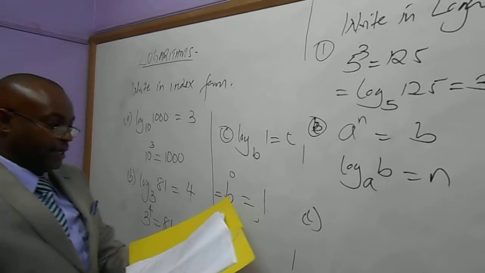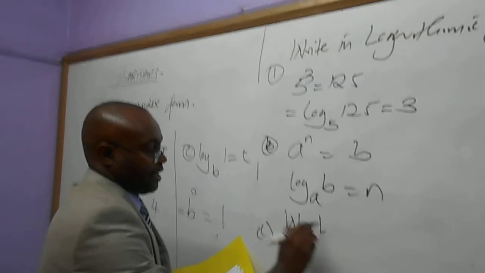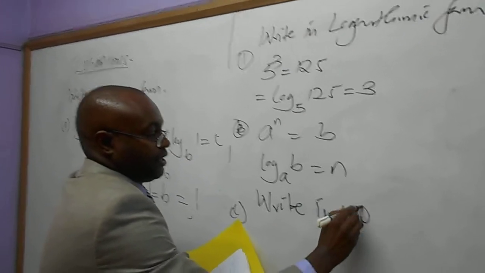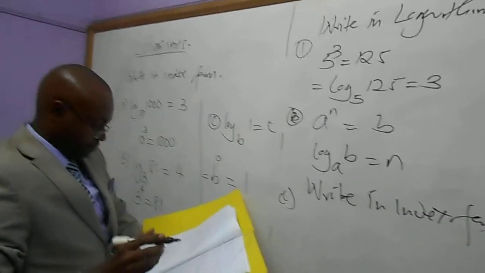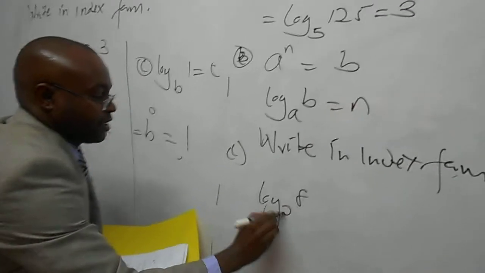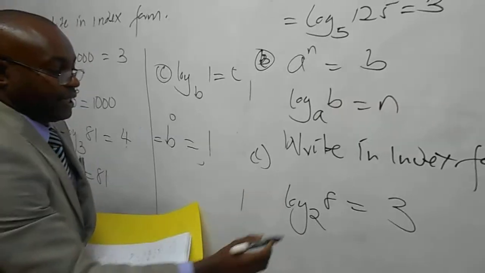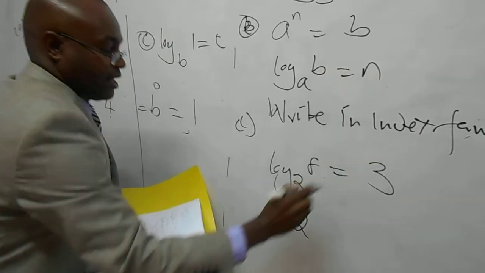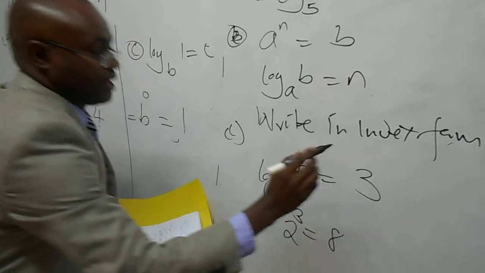Then write in index form. You're given log 8 to base 2 equals 3. So very quickly, take the base, raise it to the logarithm, equals 8.